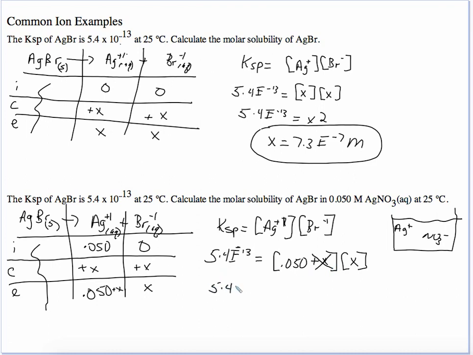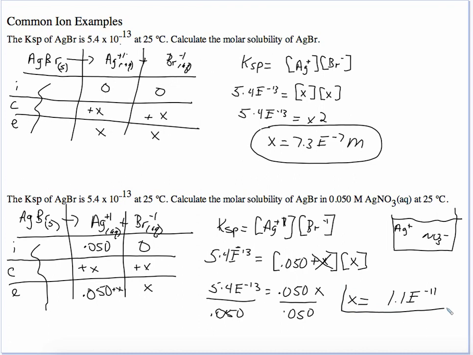If we drop that X, we get 5.4 e to the negative 13 equals 0.050 times X. If we divide both sides by 0.050, we end up getting X equals 1.1 e to the negative 11.